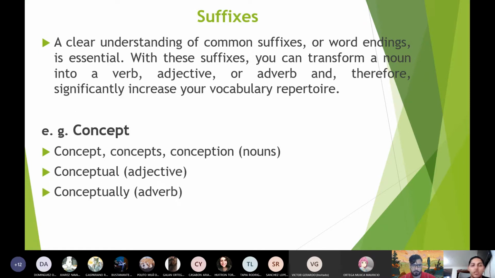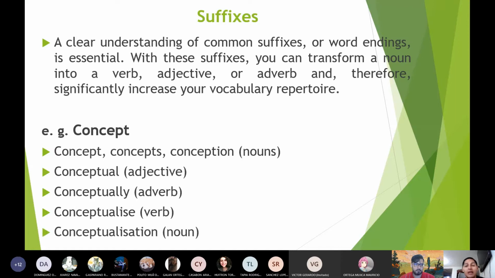An adverb, conceptually, might modify the verb or even the adjective. Conceptualize, which is a verb, an action, right? Whether stative or an action itself.